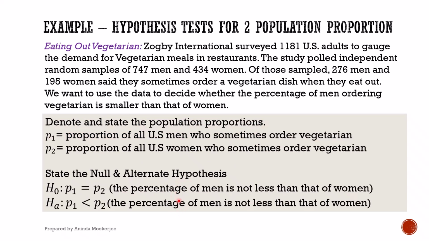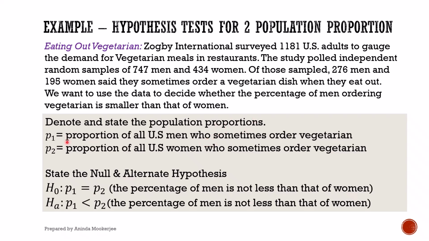Now, the next set of questions for the same study asks us to denote and state the population proportions. Previously, we were asked to just identify the two populations, which was all US men and all US women. Here, they're asking us to denote and state the population proportions.